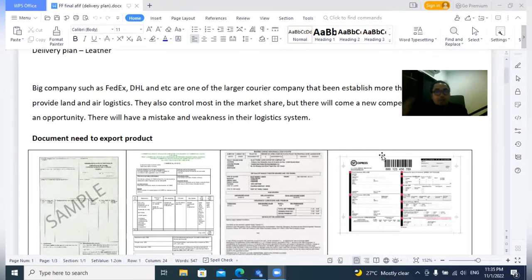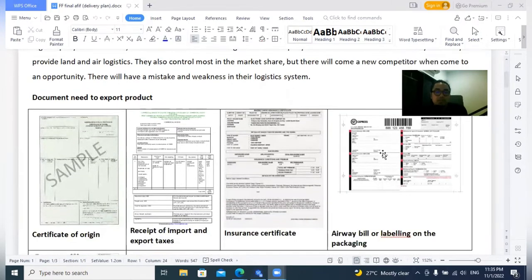The first point I will talk about is the documents that we need to export the product, for example leather. These are a few documents that need to be prepared. The first one is the certificate of origin, which is proof that the leather comes from Malaysia, which allows us to export to another country.